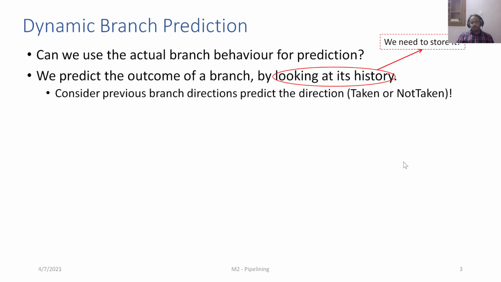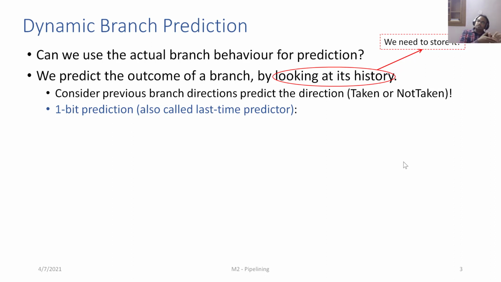We'll start from the simplest one, which is the 1-bit prediction. It's also called last time predictor. What in a single statement it would mean is we will look at what happened when we executed this branch the previous instance, and if it was taken, this time too we are going to predict that it will be taken.